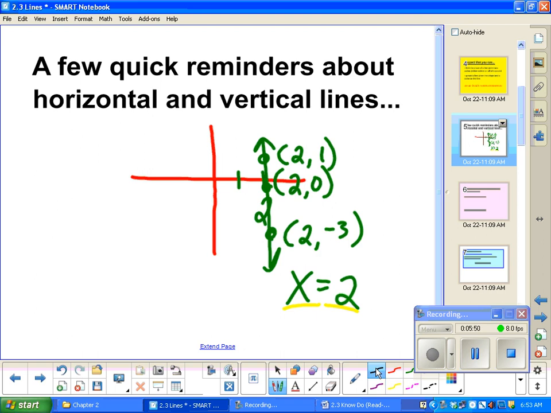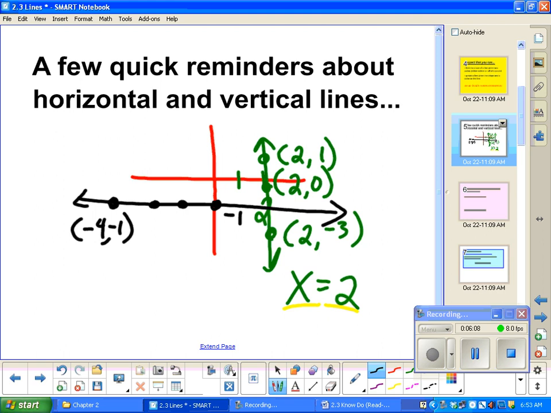Furthermore, if I had a horizontal line, and let's say I had this horizontal line here at y equals negative 1, we can have a similar argument that every point along this line will have a y-coordinate of negative 1. Let's say negative 4, negative 1, and negative 2, negative 1, and so on and so forth.